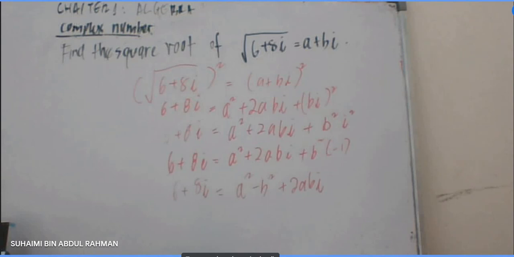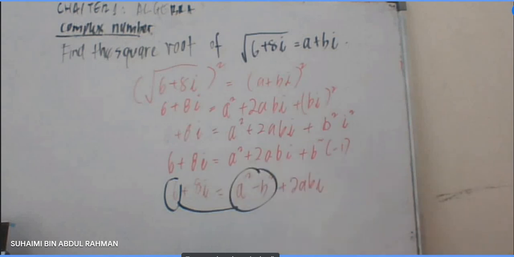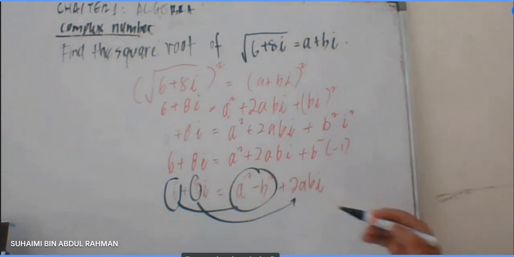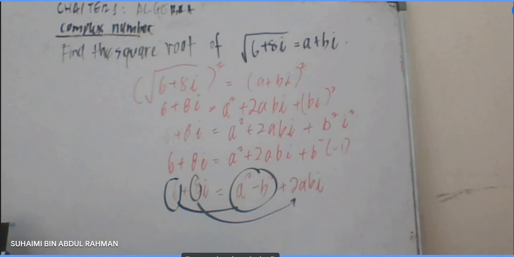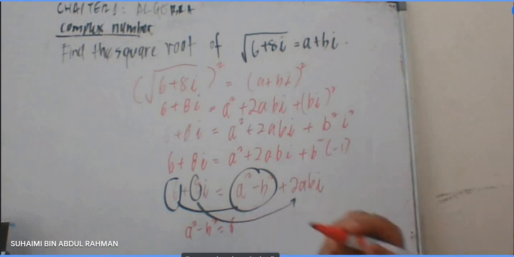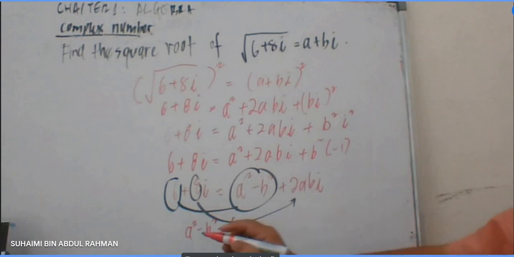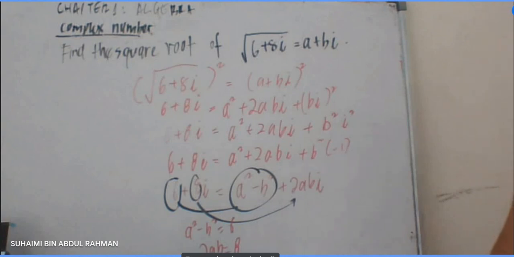Comparison. a squared minus b squared equal to 6. 2ab equal to 8.